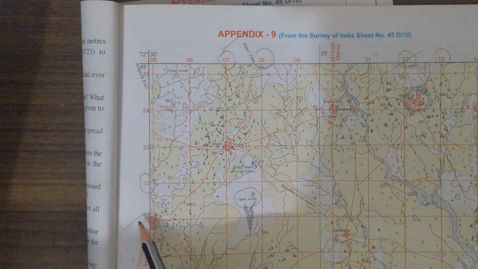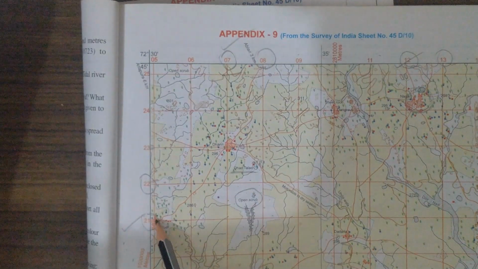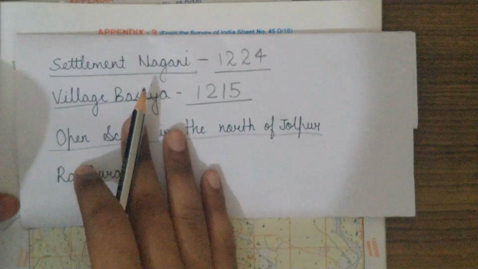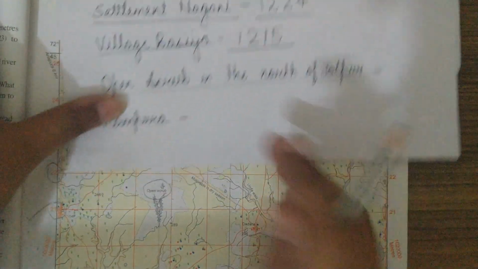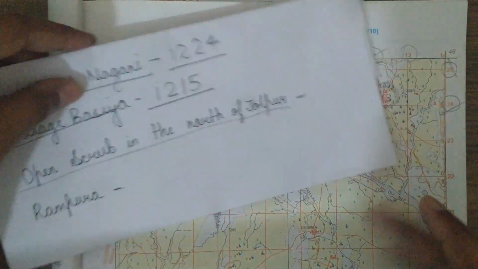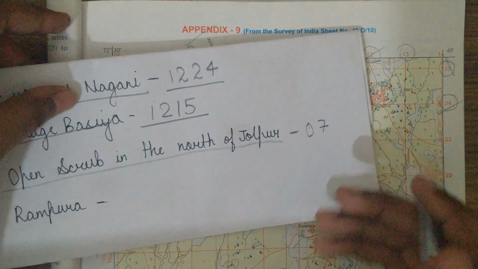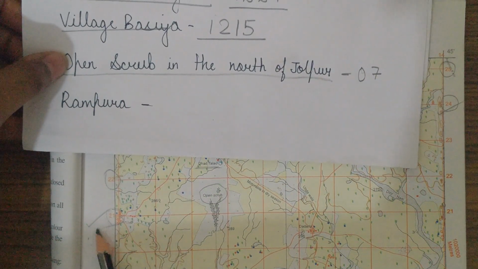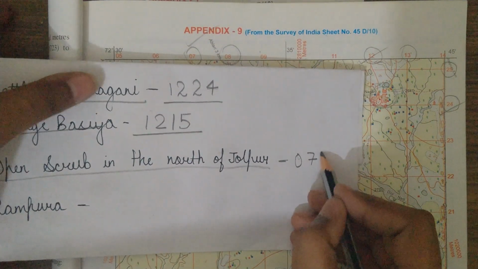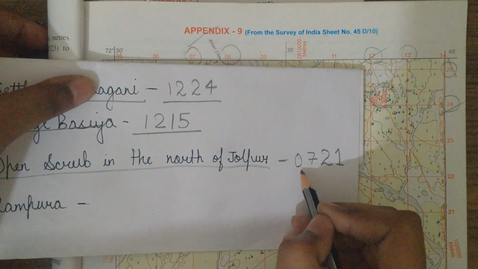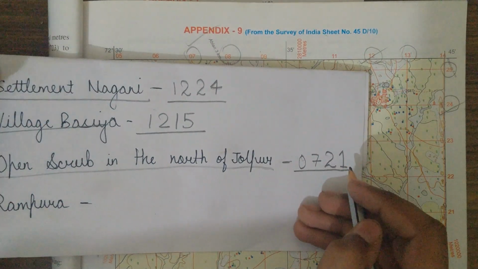So we will write the smaller easting first, 07, and then the smaller northing, that is 21. So the four-figure grid reference of open scrub is 0721.